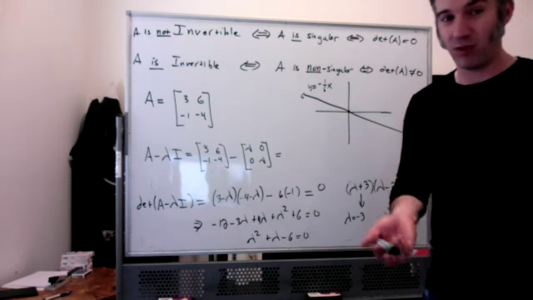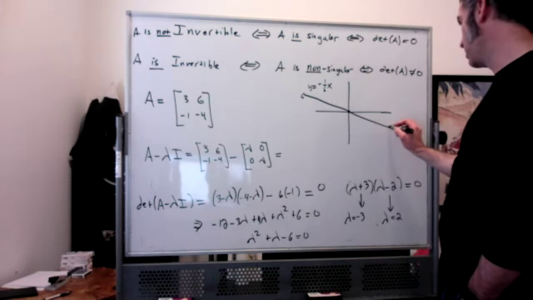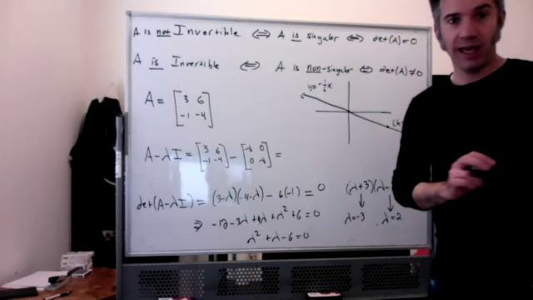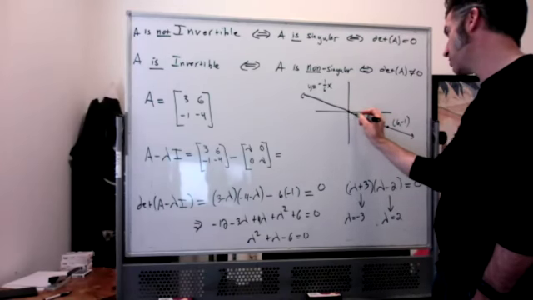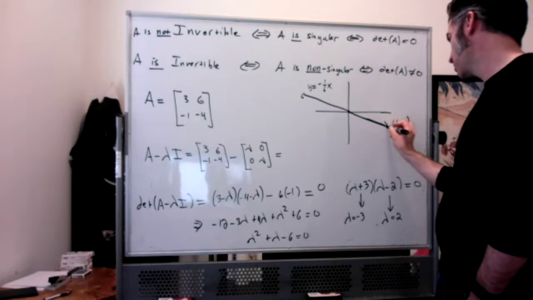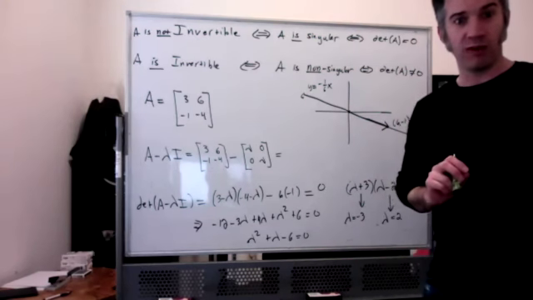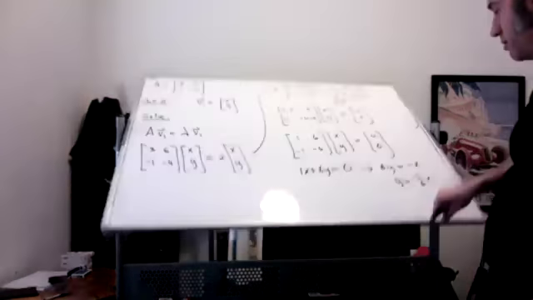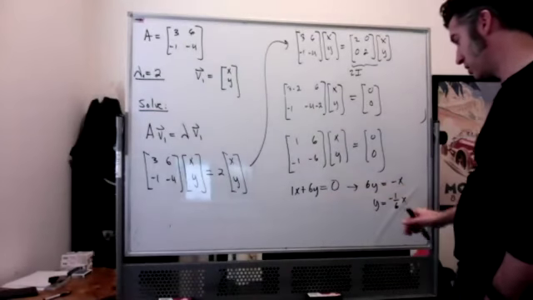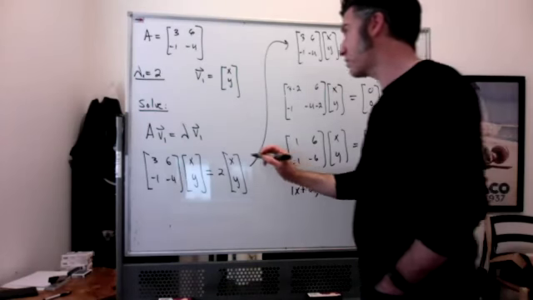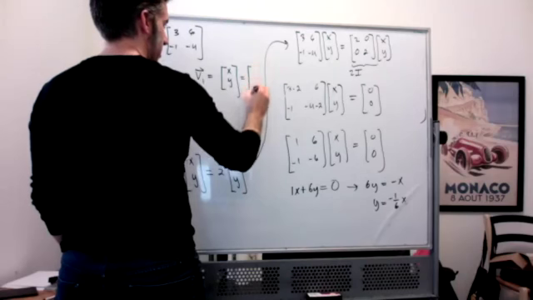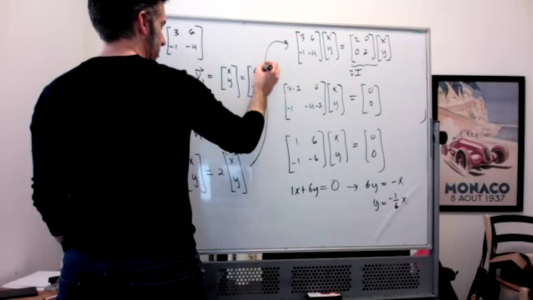But the point I'm going to pick that's easy to see is the point 6 comma negative 1. And that point is what I'm going to choose to be the terminal point of my eigenvector. So for this equation, I'm going to pick my eigenvector to be 6, negative 1.